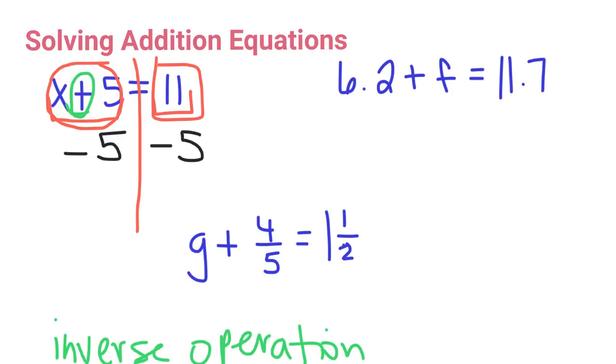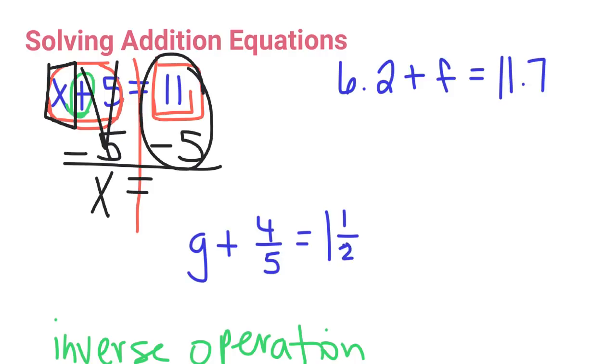So I have plus 5 minus 5. That cancels, and I'm left with x. Now I have an x on my left side, and x would be equal to whatever 11 minus 5 is. Well, 11 minus 5 is 6, so x would be equal to 6.